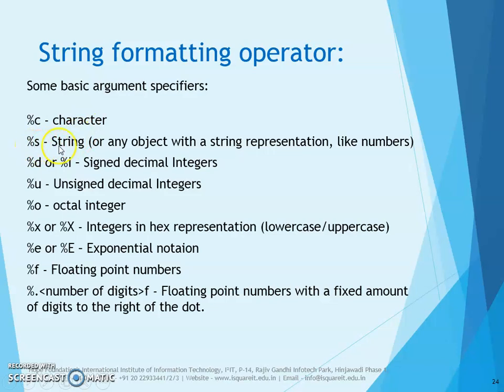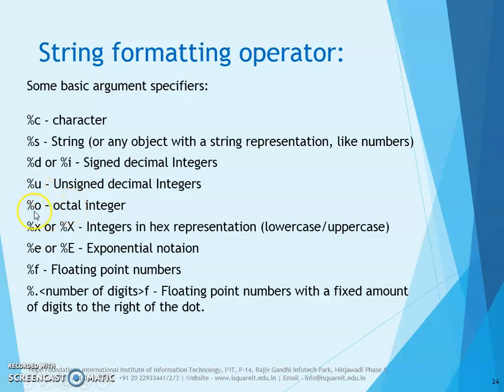As we have seen, %s is for string. %d, as we have seen in the previous example, or %i can be used for signed decimal integers. If we have an unsigned decimal integer, then %u is used.